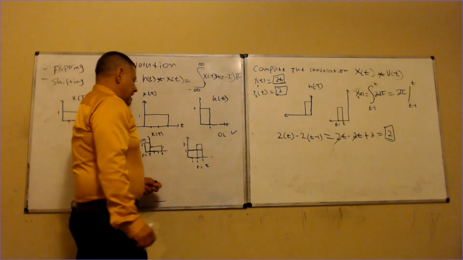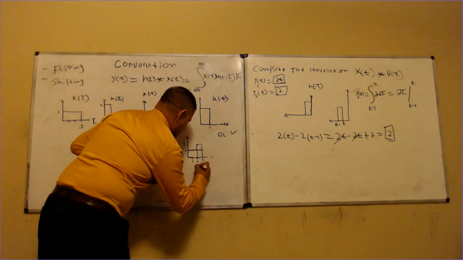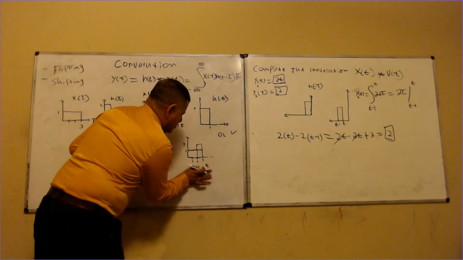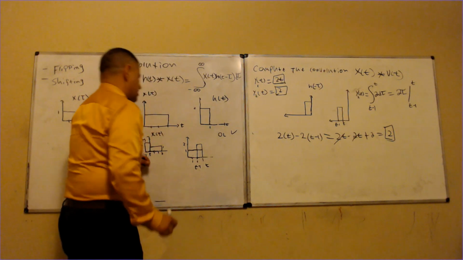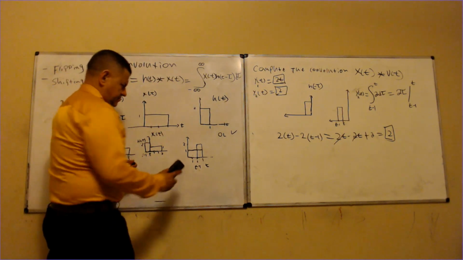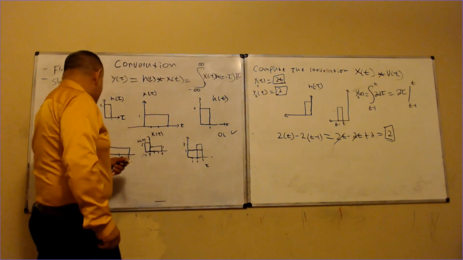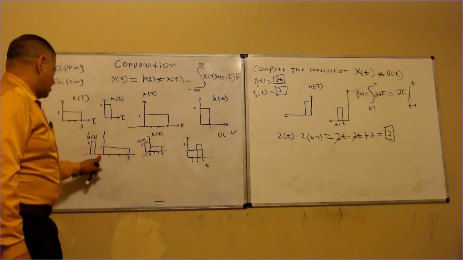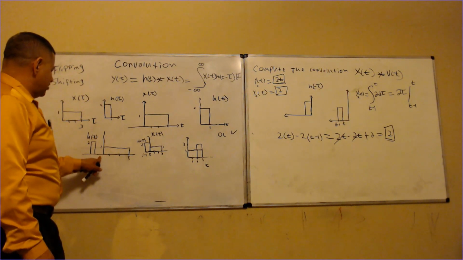Now the question you can ask is, can I go t past 3? Of course you can. But it doesn't benefit you any, because you knew already that when t was less than 0, there was no overlap.